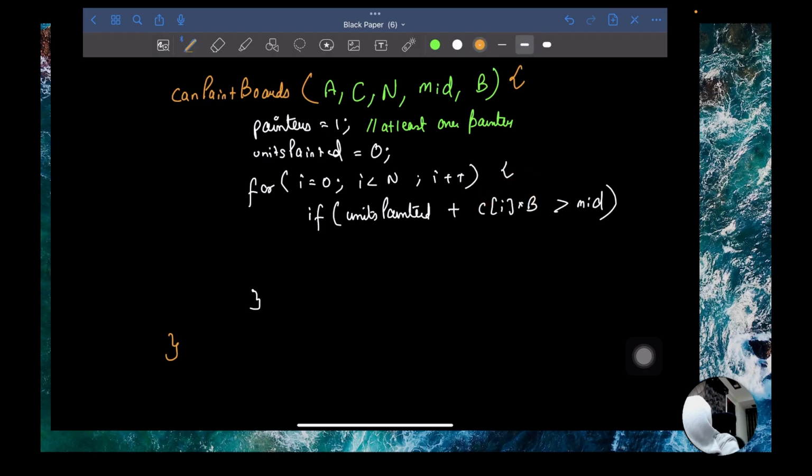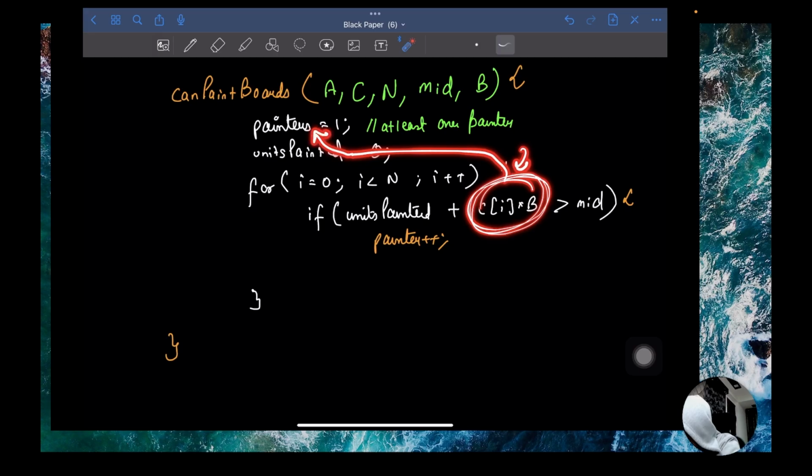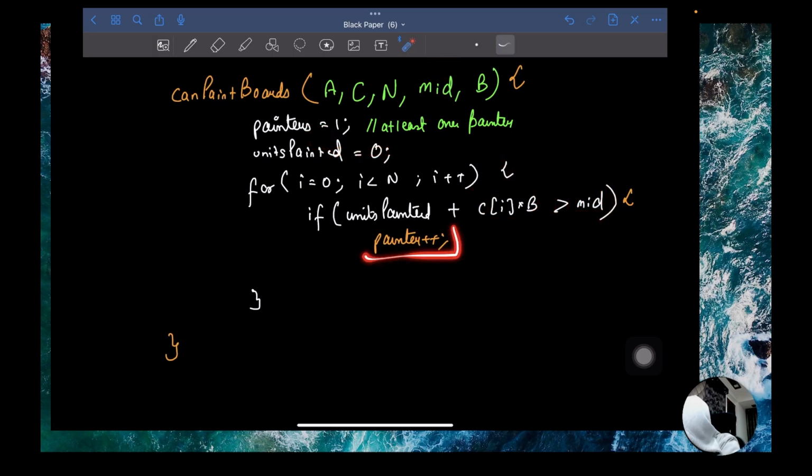So I will say painters plus plus. Why painters plus plus? Because I cannot allocate the ith board to the current painter. If I allocate the ith board to the current painter, the time limit will be exceeded. The time limit is just mid. So I need to allocate this to the new painter, and I also need to do units painted is equal to 0.